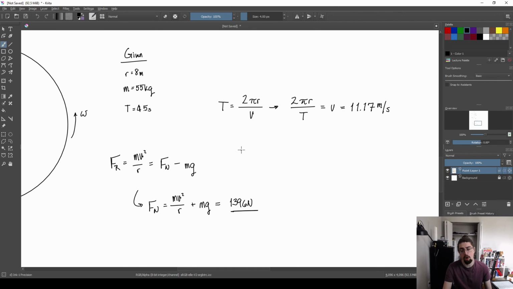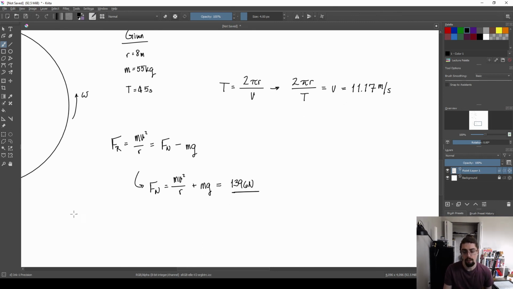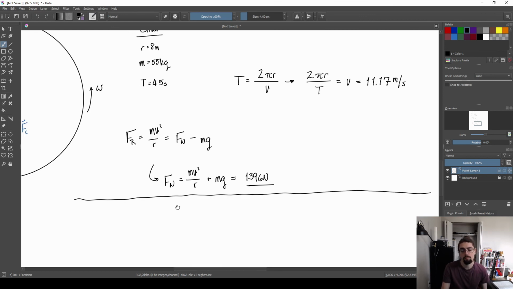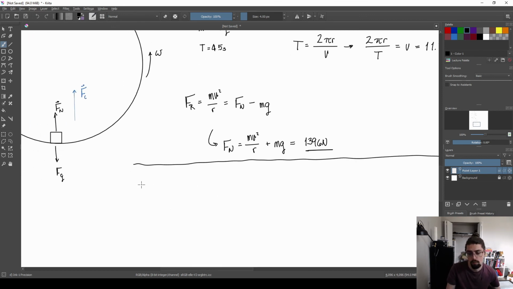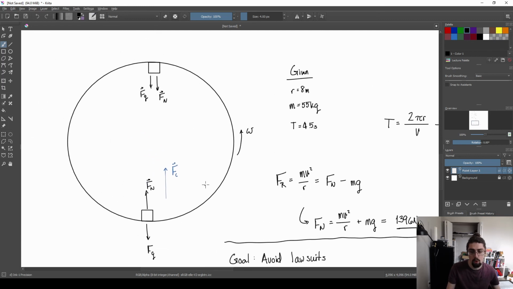Okay, so for part C of this one, this is a little bit more complicated, and I've got to go through a line of arguments to convince you of the conditions that we're looking at here. So first, we want to avoid lawsuits. Goal: avoid lawsuits. If I'm trying to avoid lawsuits, which part of the ride do I need to be most concerned about?